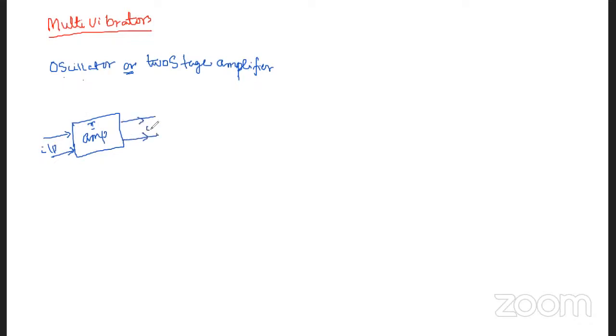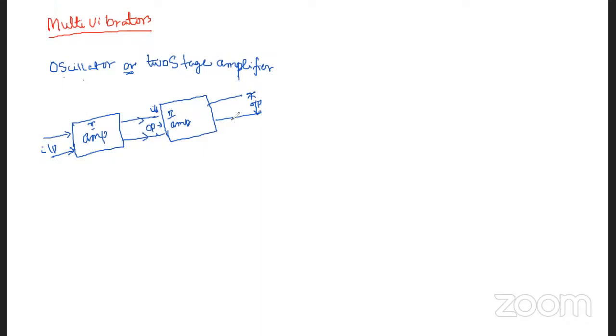This output will be the input for the second stage amplifier, and this is the second amplifier. Finally, we get the final output here. So a multivibrator is a two-stage amplifier with 100% feedback.